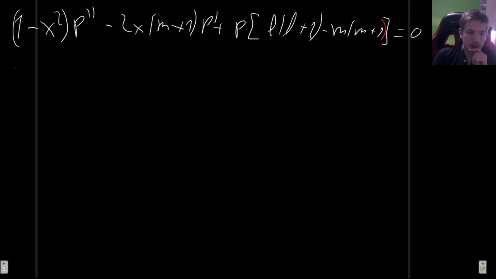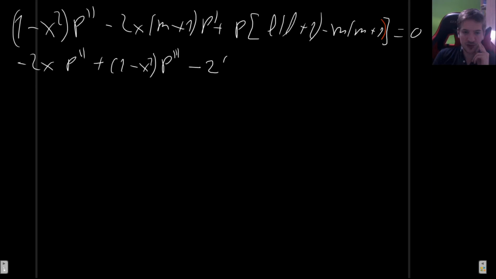So let's see. We get 1 minus, well, let's take the derivative first of this. So we get minus 2x times p prime prime. And now because of the product rule, we get 1 minus x squared p prime prime prime. So third derivative of this, minus, and now we take the derivative of this.